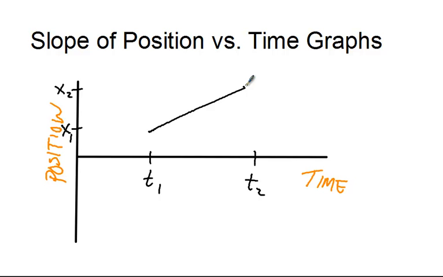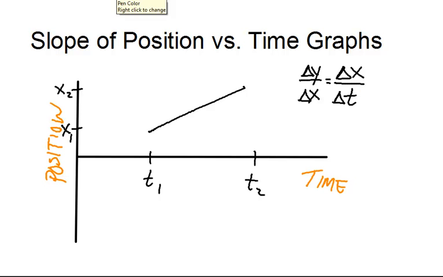we would say our generic slope equation is delta y over delta x. Well, what's on our y-axis this time? That's right, it's position. So it's really going to be delta x up here, because it's the change in position, which we call displacement. And on our x-axis, it's delta t. Is this equation, delta x over delta t, familiar to something you've seen before?